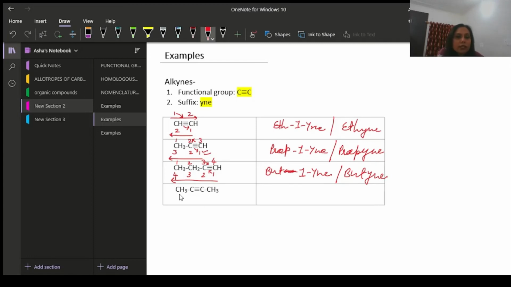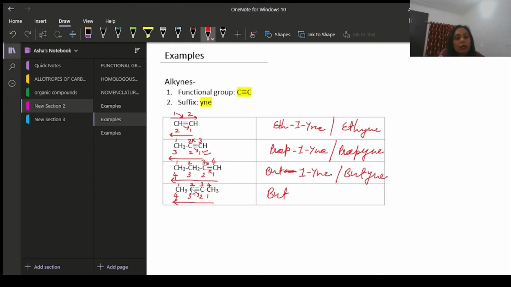Now here in this case you are seeing that the total number of carbons are 4, so you can simply write but, okay. Now look for the position of the triple bond from back to front. This is the first carbon, this is second carbon, this is third carbon, this is fourth carbon. The position of the triple bond is with the second carbon. Now when you are doing from front to back, first carbon, second carbon, third carbon, fourth carbon.